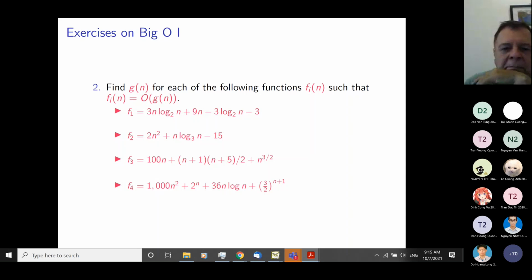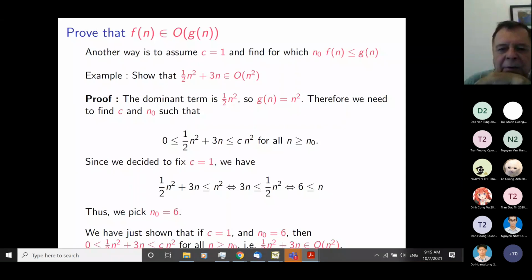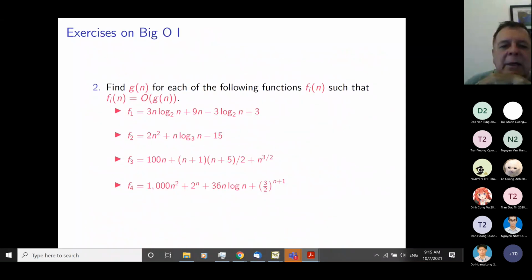That's it. Okay. So there are some exercises you can do right away. I don't know if the TA is there. Yes, I'm here. Okay, so can you do the exercise you have on hand for the big O notation?